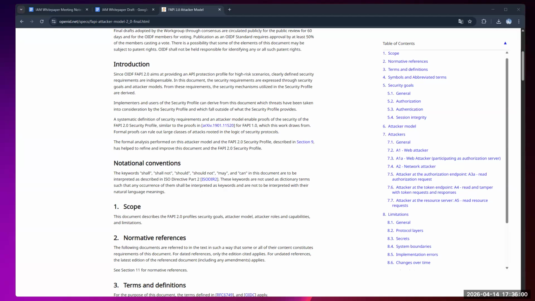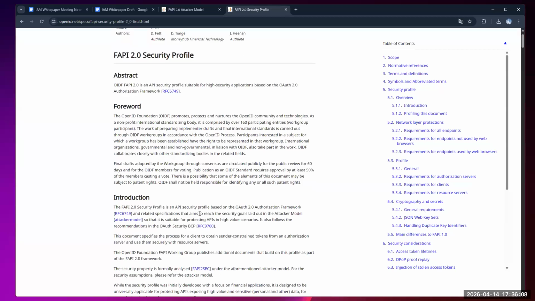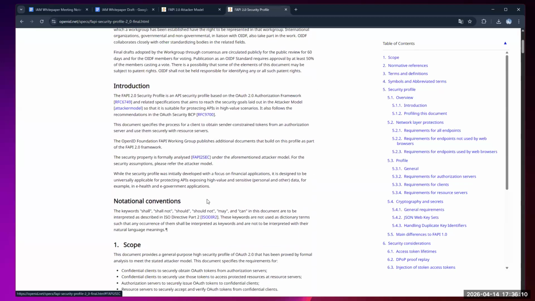Yes, the FAPI security profile is not only for the financial area. Initially developed with a focus on financial applications, it is designed to be universally applicable for protecting APIs exposing high value and sensitive data.